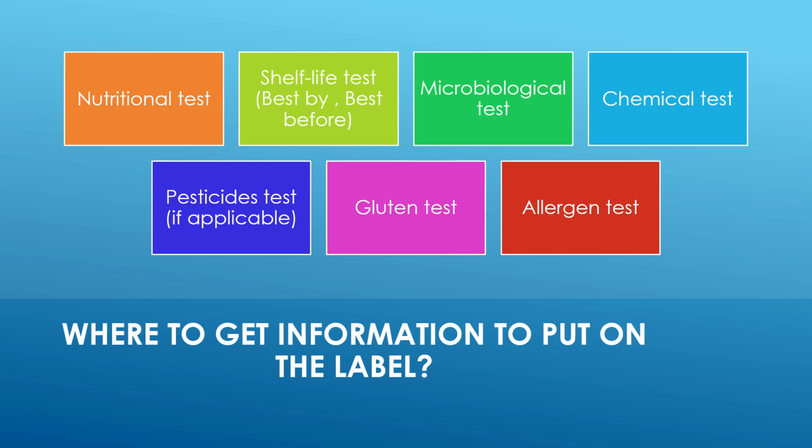You have to be able to backtrack the amount of time it will take your product to have the same taste or the same specification as when the product was made.